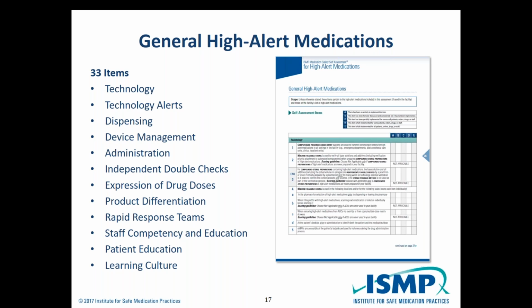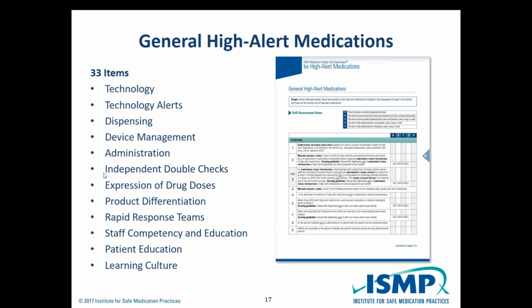So that's why we tried to group them here, and they're also a way for us, when we do the final results and write an article on this, or put more publications out in our newsletters, to sort some of this data. So there are items about independent double checks, patient education, the learning culture.